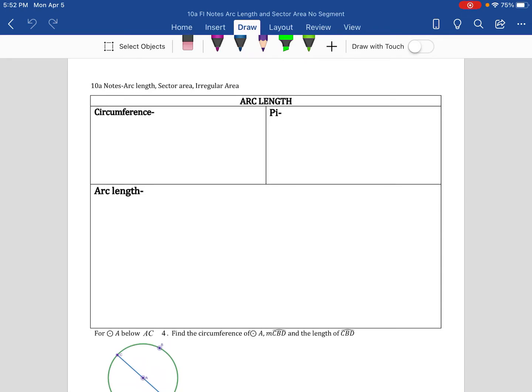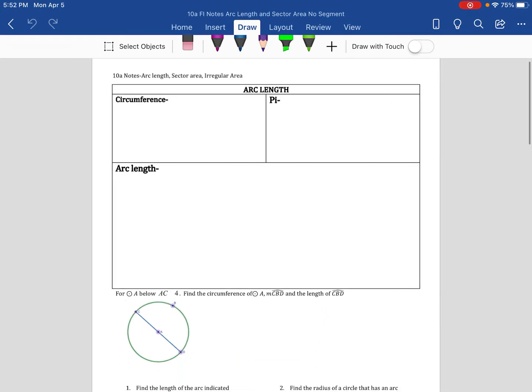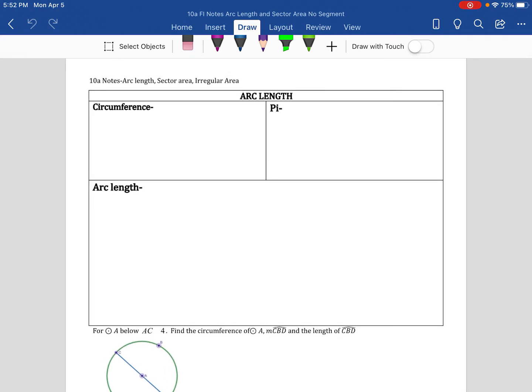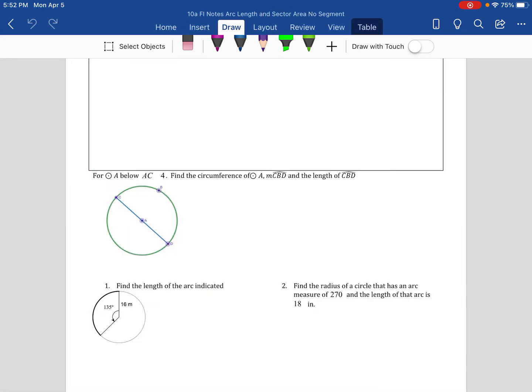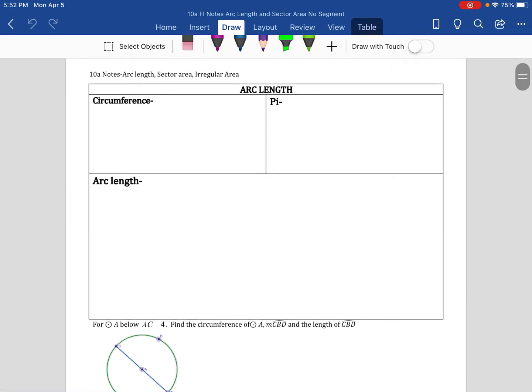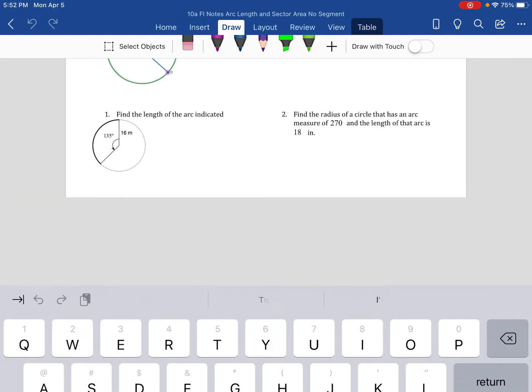So now we're going to start talking about the length of an arc versus the measure of an arc. I'm going to talk about arc length, which is basically the distance, and this isn't the definition, but it's the distance from one point to the next along a circle.